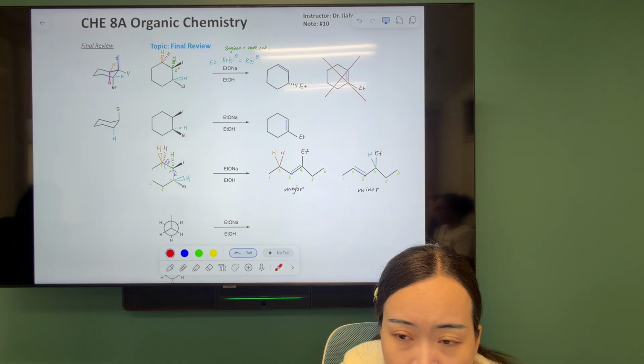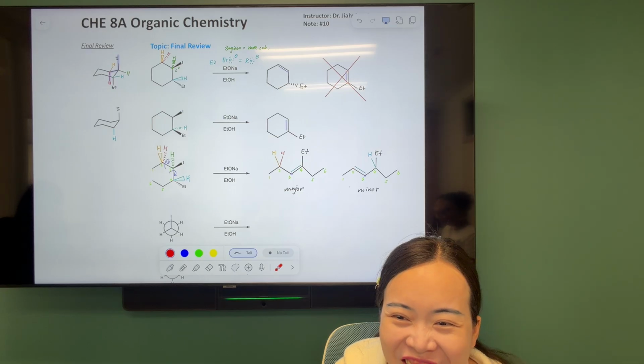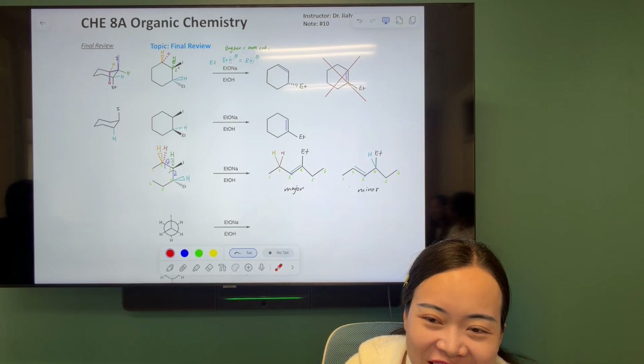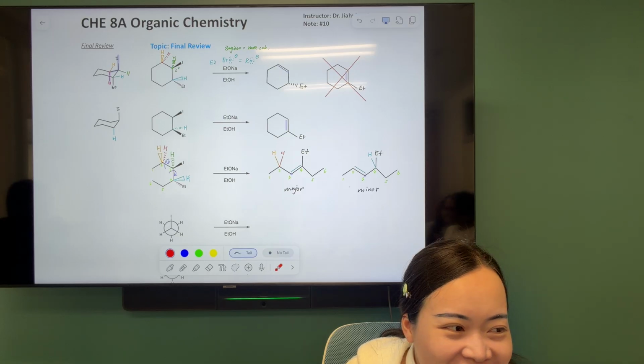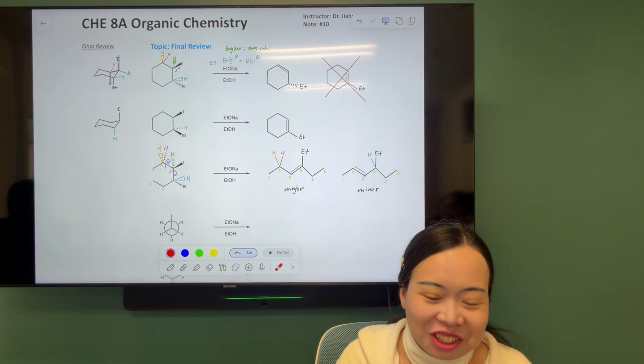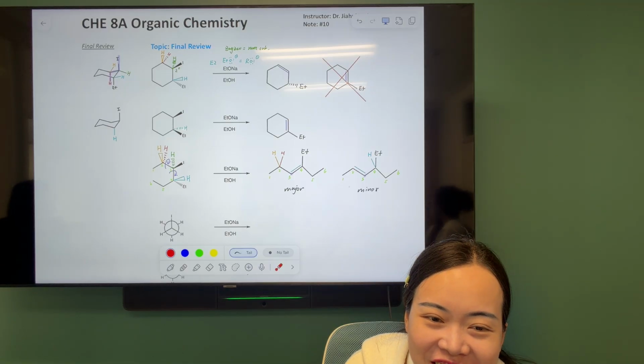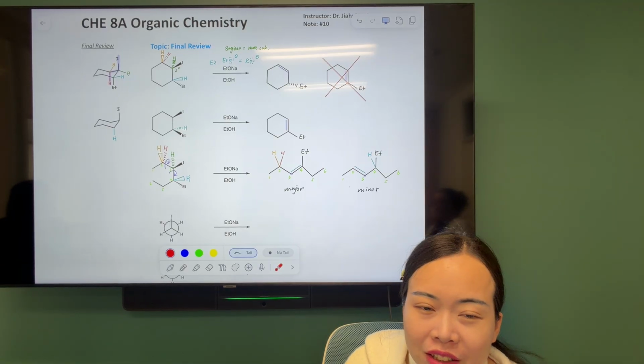Will writing the minor structures be an extra credit opportunity? Oh, okay. Well, we're going to see how people do on this. I'm curious to see. Too much work. See, the people say it's too much work. Major organic compound. Yeah, we only ask for major to save everyone's effort and time.